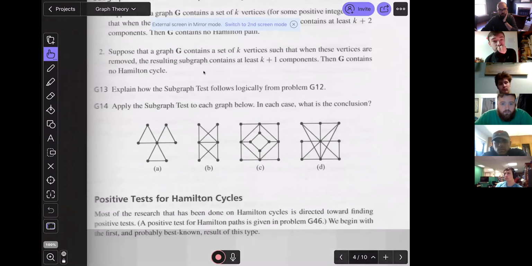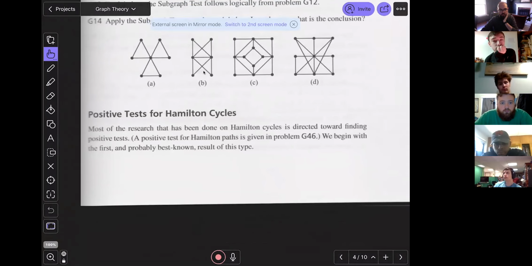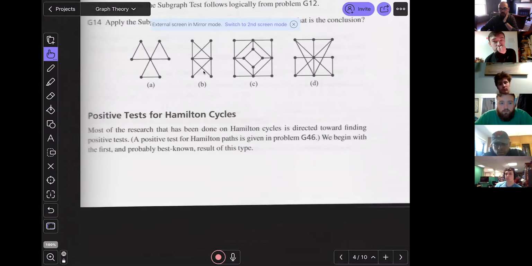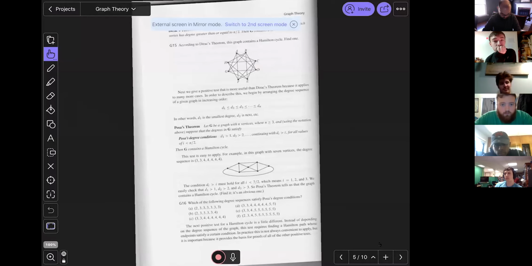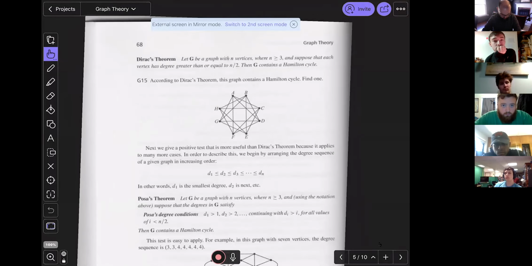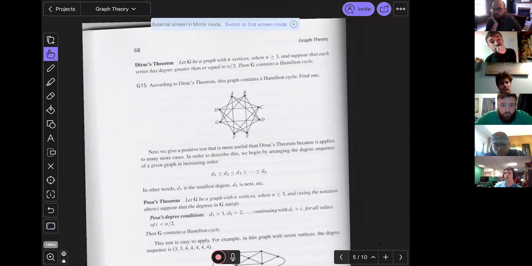We went up through G14, and I think some of us started to think about the positive tests here. I don't think everybody started to think about these. So I think probably where we'll pick up next time is we'll start thinking about Dirac's theorem and some of these different theorems here. So on Tuesday we'll pick up with G15.